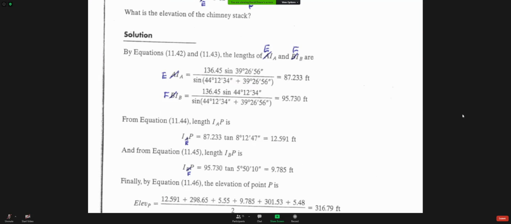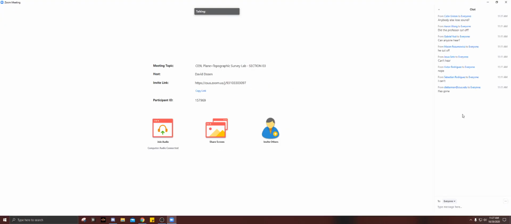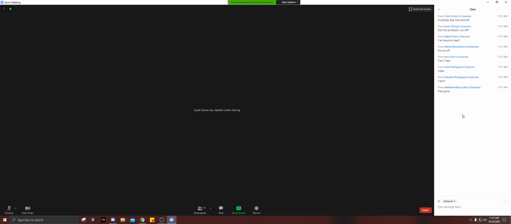Let me go to the whiteboard here. I'm going to start with the vertical component of this. So here's the bridge, and here's the bike path.